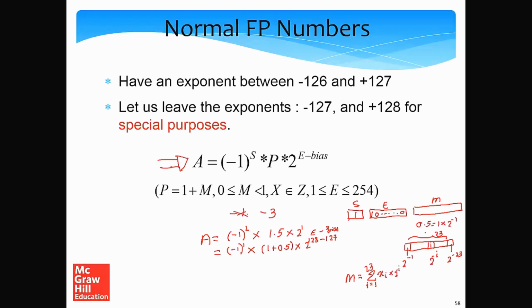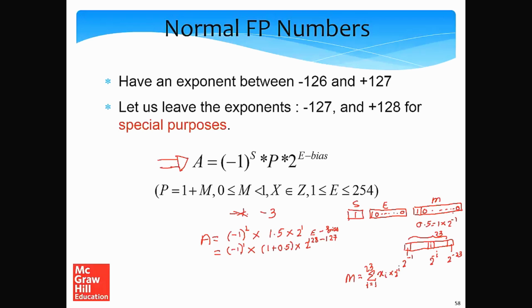Since this is 0.5, which is 2 to the power minus 1, we'll have 1 over here, which is the MSB position, and the rest will all be zeros. So this is how we would represent a number of the type minus 3 in the IEEE 754 format.